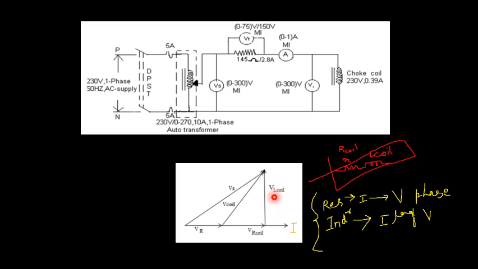The inductive voltage across the coil is going to lag the current. So the combination of these two voltages results in the formation of the coil voltage. That is how this particular phasor diagram, or the vector diagram, is drawn. Next we will see the calculation part, or the tabular column, that you are supposed to fill up.